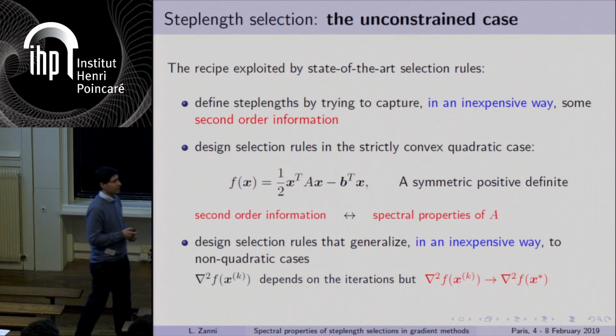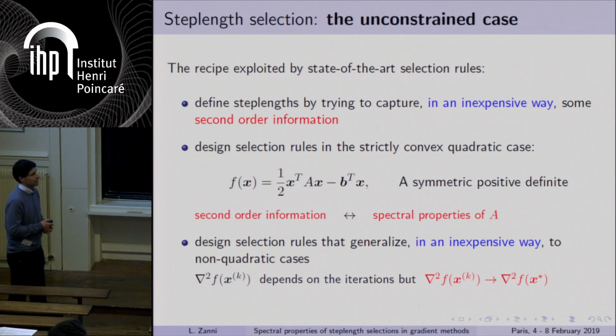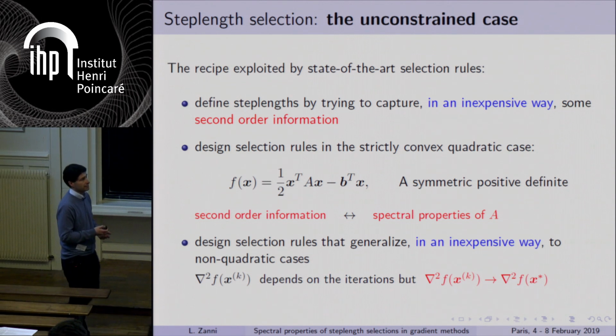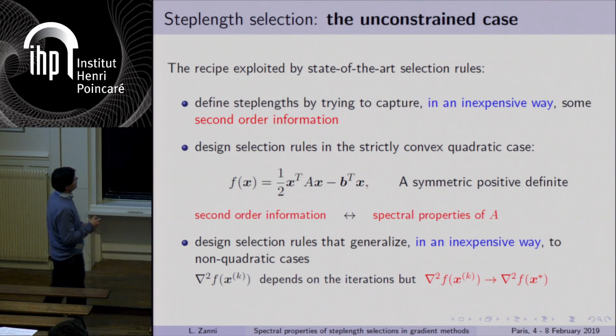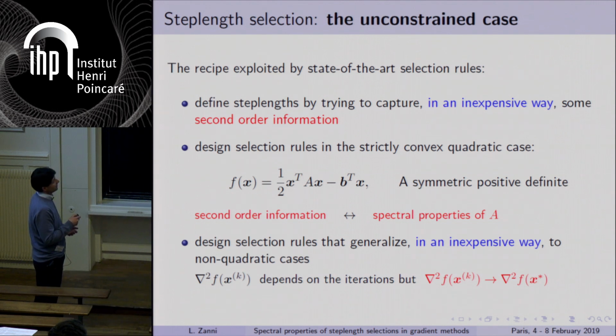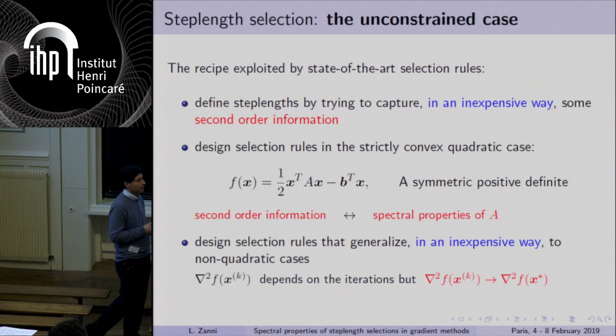I start by recalling the basic steps that in many cases are followed for designing a step-length selection rule in the unconstrained case. First of all, the rules are designed to try to capture some second-order information in an inexpensive way.